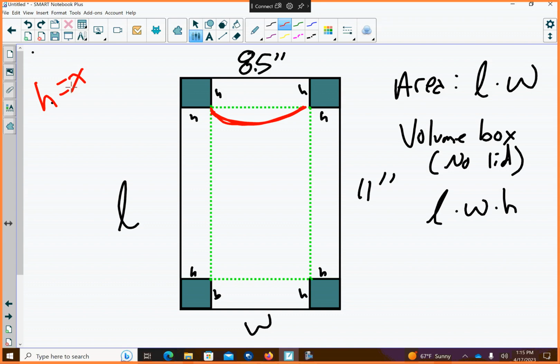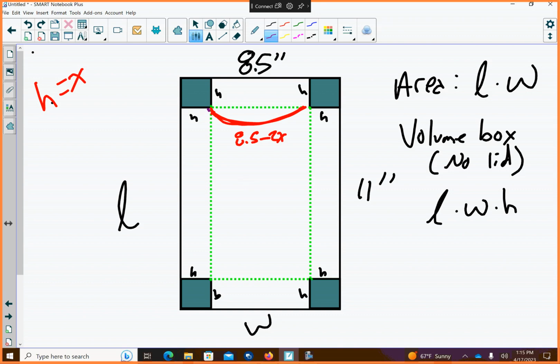Okay? So friends, how far is that red distance right there? 8.5 minus 2x. 8.5 minus 2x. Right. I pulled it out of each of the corners. So this is 8.5 minus 2x. That is what that length would be.